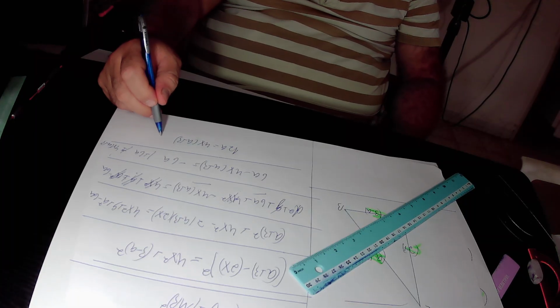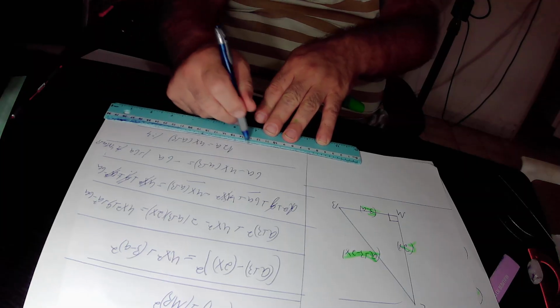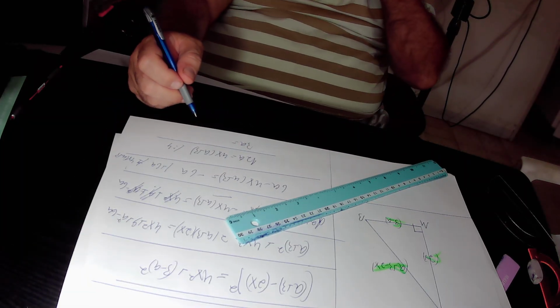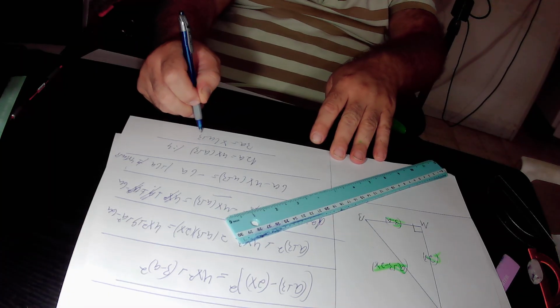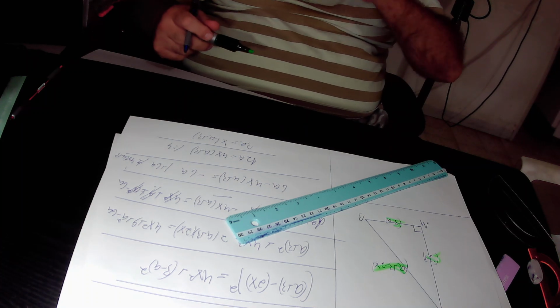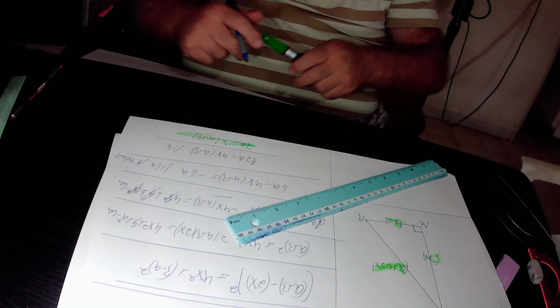Here we divide this equation by 4 and we get that 12 over 4 is 3, so 3a equals 4x over 4, which is x, times (a plus 3). So in total we found that 3a equals x times (a plus 3). Here we divide this equation by a plus 3.